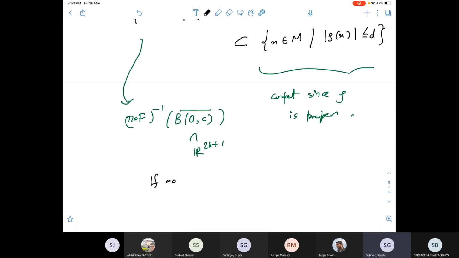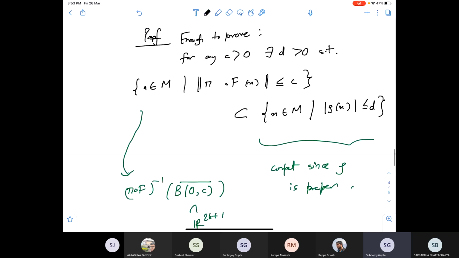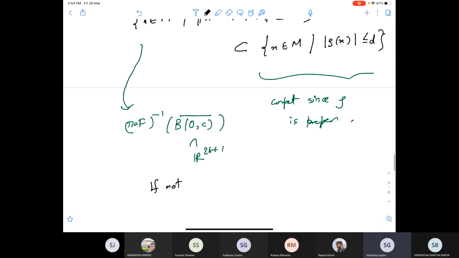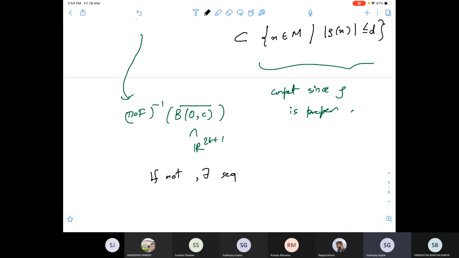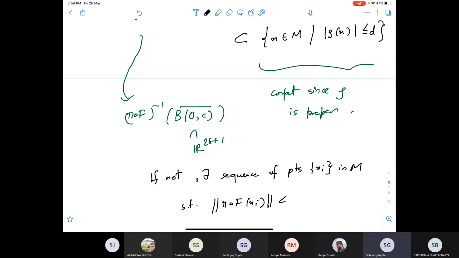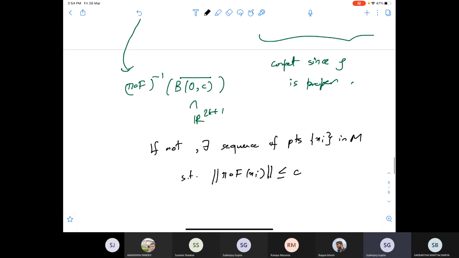If you look at the negation of this statement, you'll find that there should exist a sequence of points x_i in M such that the norm of pi of f of x_i is less than or equal to c, but rho of x_i goes to infinity.